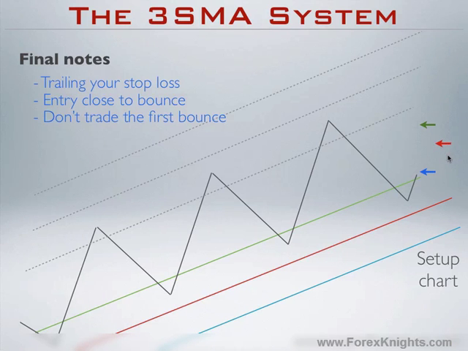It's impossible to determine a specific amount of pips. So for example, let's say if price is at plus 60 pips in profit, you will trail your stop loss up to plus 20. That's just impossible because, as you probably know, some currency pairs are more volatile.